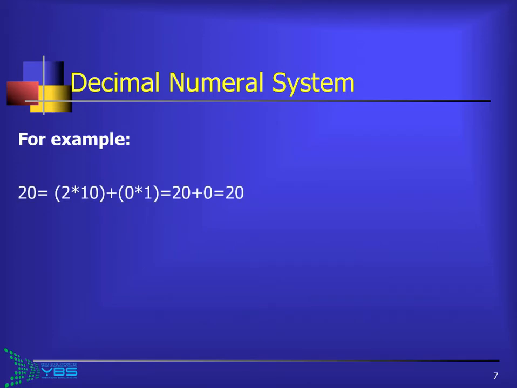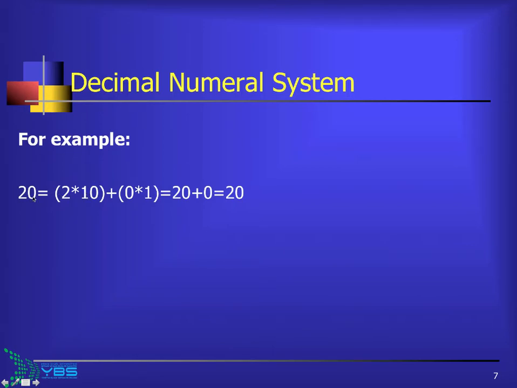Let's give an example. If we have a two-digit number, say 20, the first digit is 10 power 0 multiplied by 0, which is 0. The second digit is 10 power 1, which is 10, multiplied by 2.